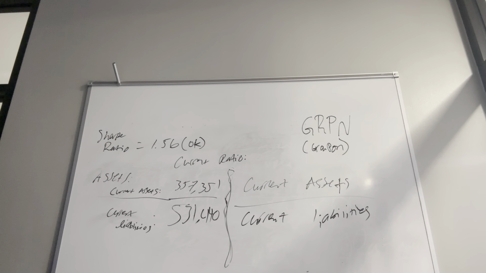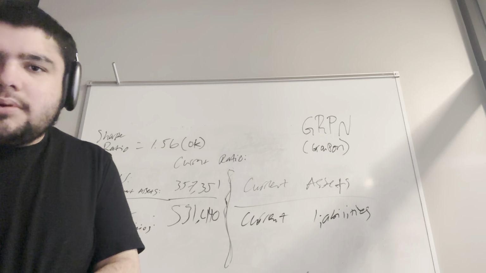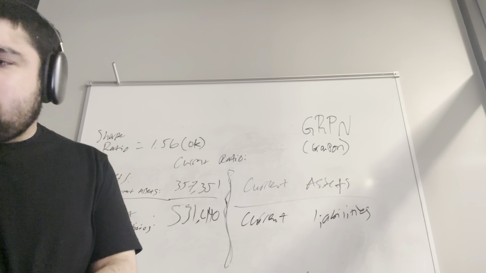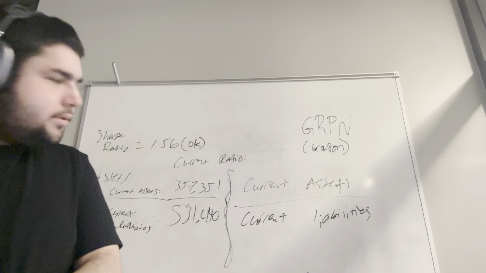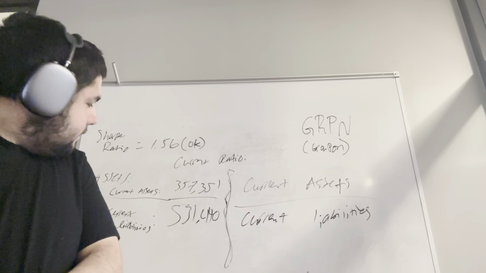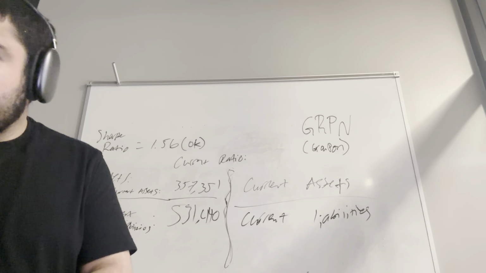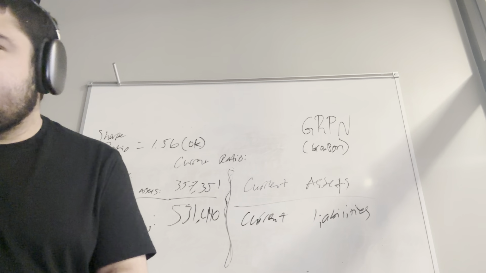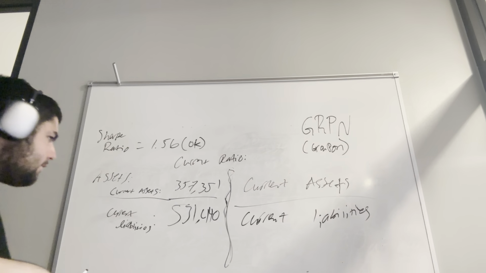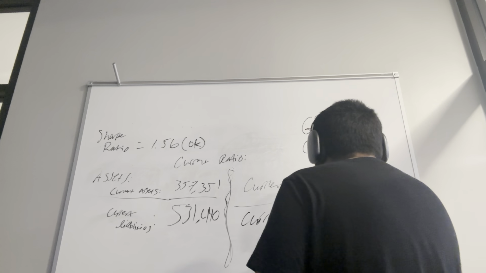So current liabilities, this is not looking good. So let us calculate 357,351 divided by 531,440. This computes a current ratio.